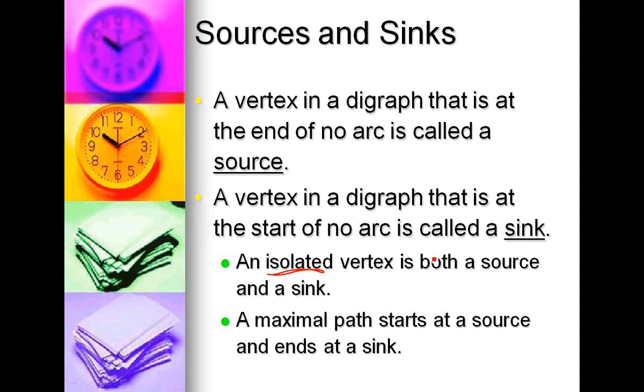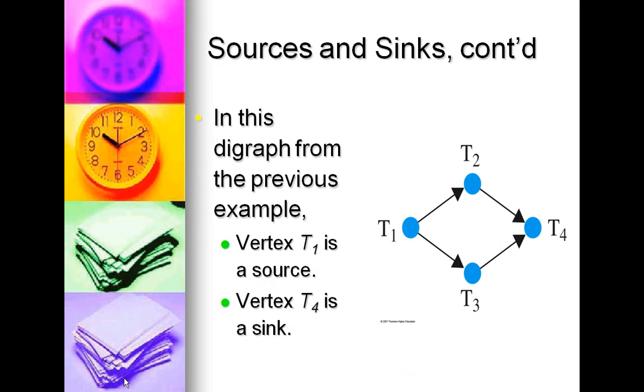So a maximal path starts at a source and ends at a sink. So back to our graph that we looked at before, T1 is a source because we don't have anything leading into T1, and T4 is a sink because we don't have anything leading out of T4.